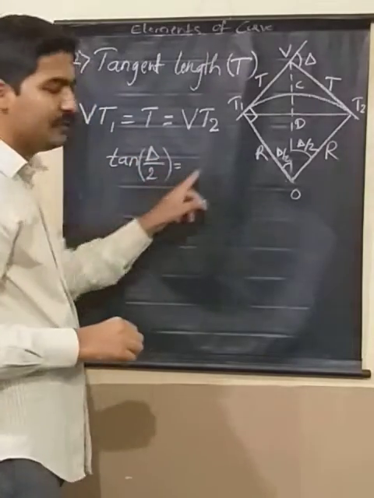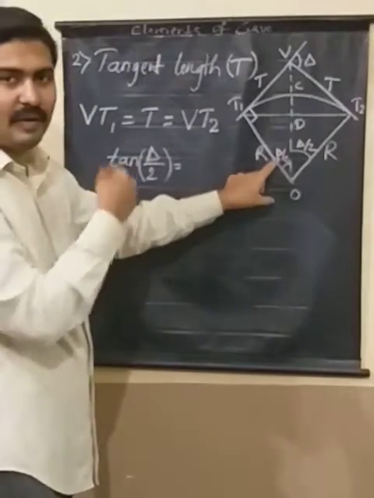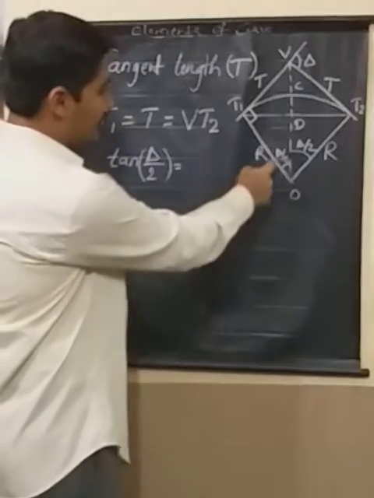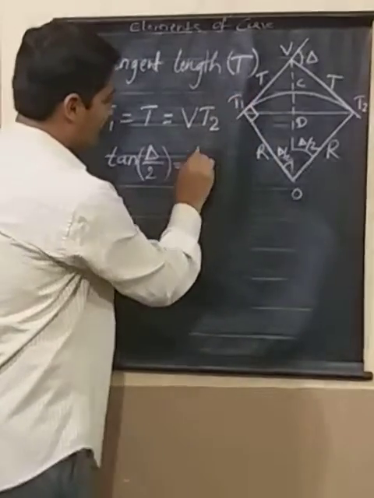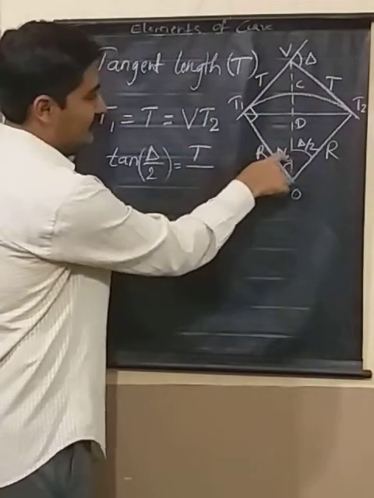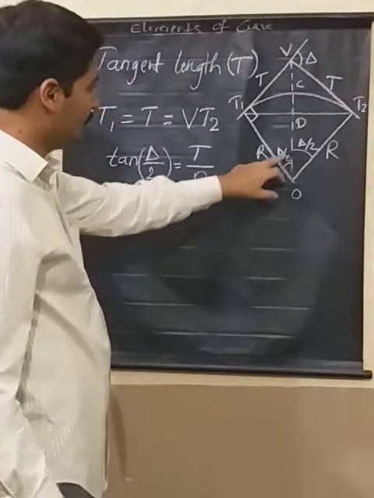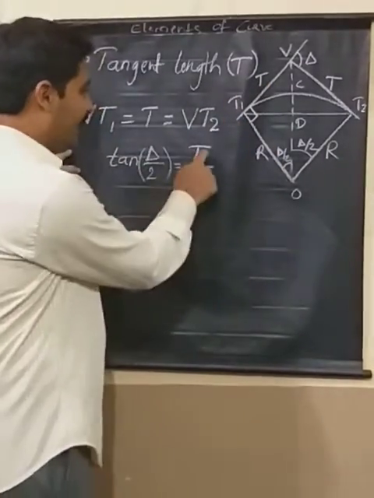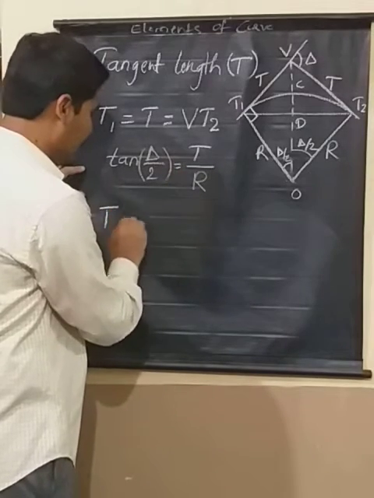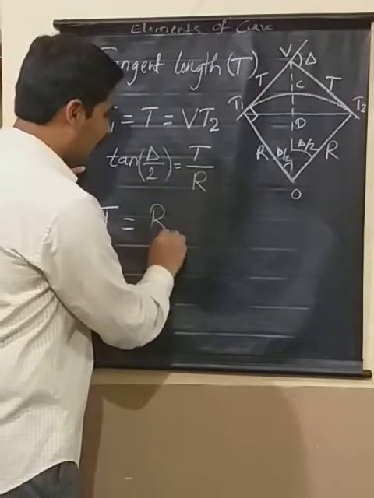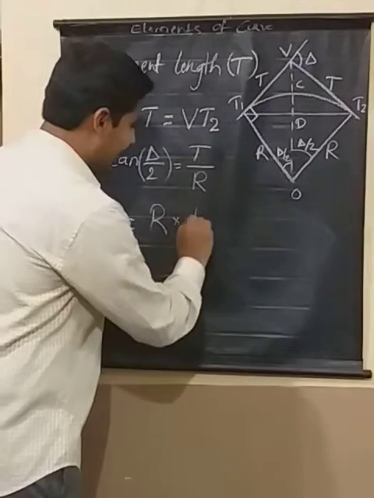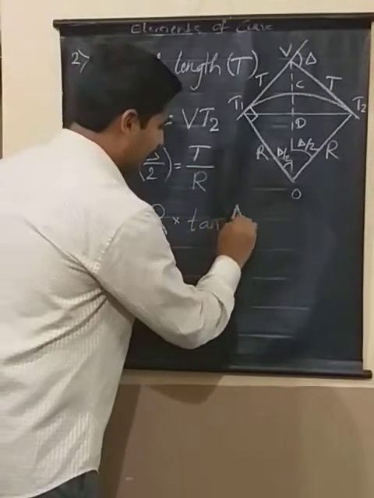So what is tan delta by 2? Tan means opposite by adjacent. So opposite is T, adjacent to this is R, isn't it? So T by R. I need T. So T is going to be R tan delta by 2.